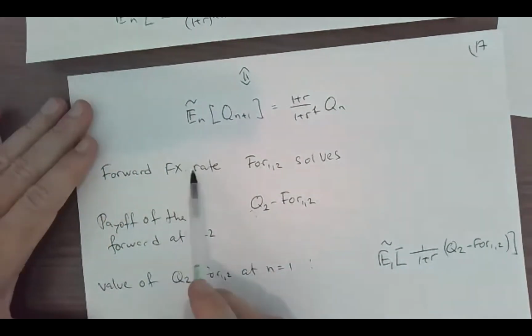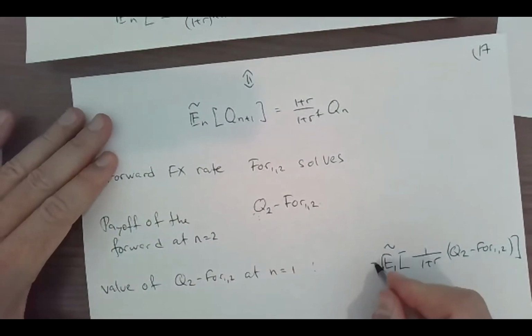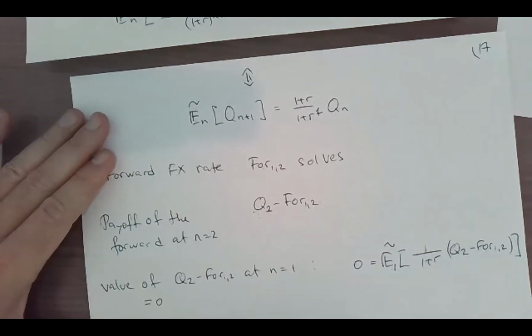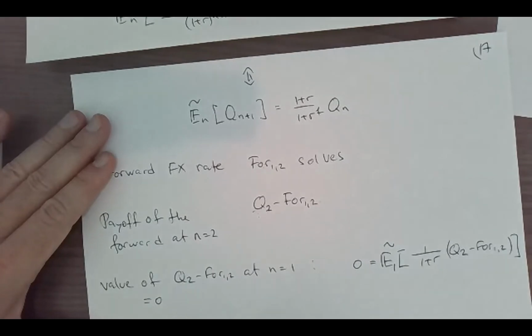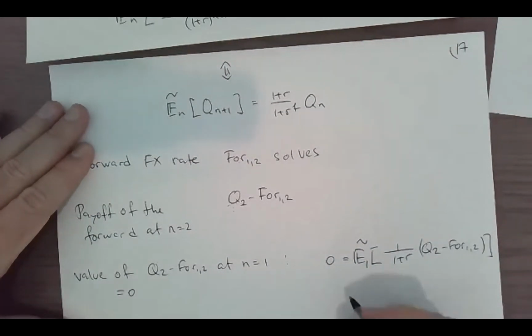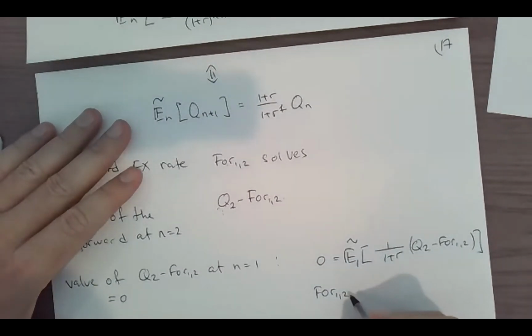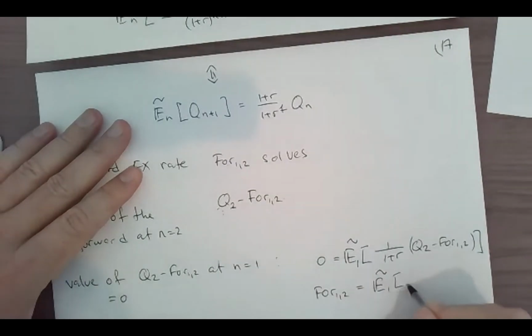And then the forward exchange rate is made such that the value of getting this payoff should be 0. And then we just solve, we're going to get exactly the same formula as we had before. The forward exchange rate is simply a conditional expectation of the exchange rate.